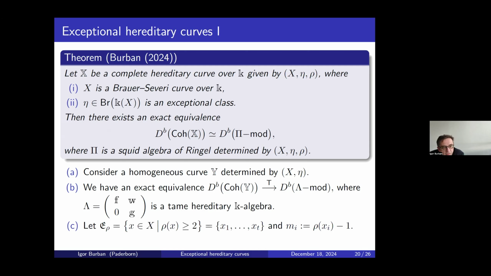Now we have a weight function defining our non-commutative curve. So I make a list of all points for which I have weight at least 2. For each of these points, I can take the corresponding simple torsion sheaf, take its endomorphism algebra, which is some skew field. Now I take this sheaf xi in the derived category and look at its image in the derived category of lambda.